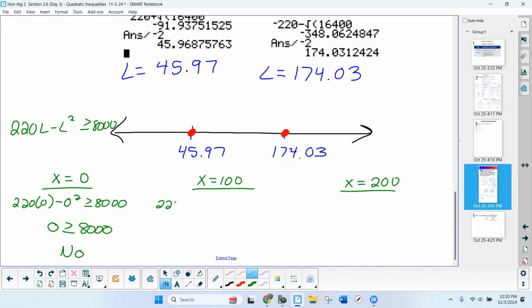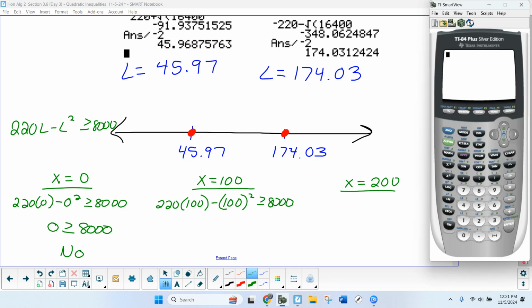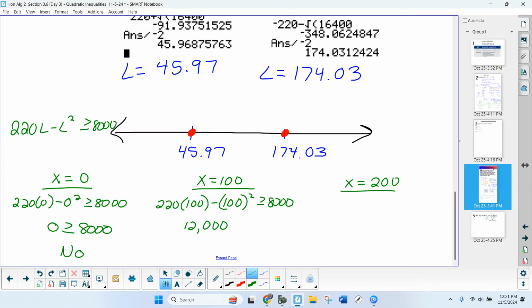Okay, let's do 100. We have 220 times 100 minus 100 squared. Is that greater than or equal to 8,000? What did you guys get? 12,000. Is 12,000 greater than or equal to 8,000? Yes. Now try 200.